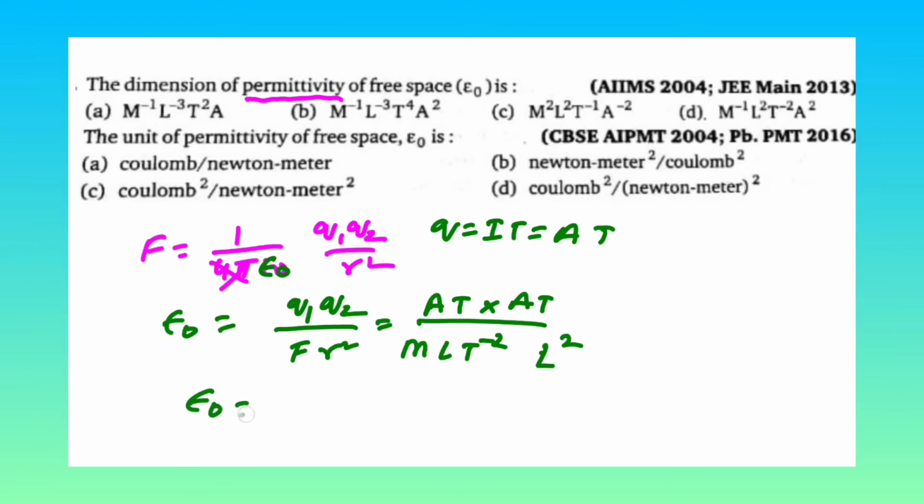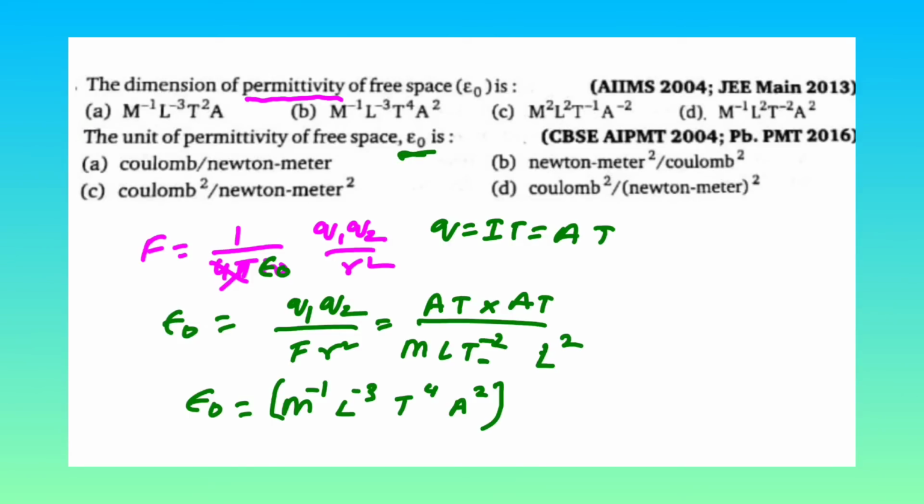So therefore the dimensions of epsilon naught: M goes to the numerator and becomes M power minus 1. This is L cube, which becomes L power minus 3. Here T square, with T power minus 2 going to the numerator, becomes T power 4. A here is A square. In this way you can find out the dimensions of permittivity. Then what are the units of this?